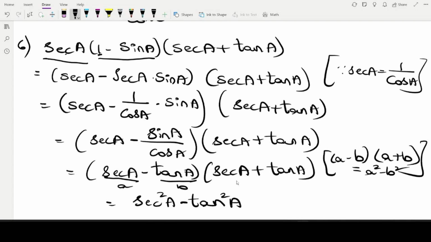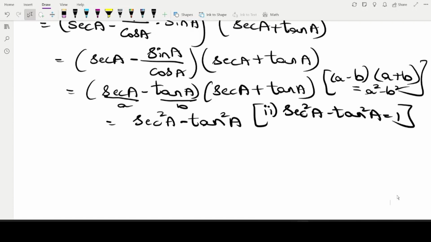And we know from identity 2, secant square a minus tan square a is equal to 1. So the value of secant square a minus tan square a becomes 1. And when you simplify secant a into 1 minus sin a into secant a plus tan a, you end up with the value 1. So this is the sixth question.